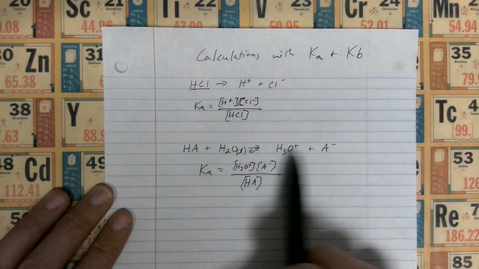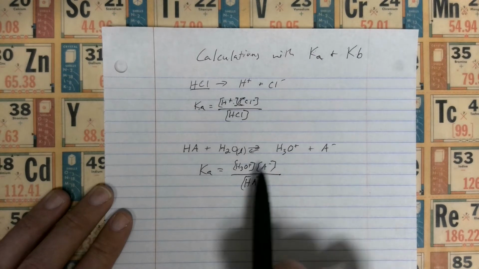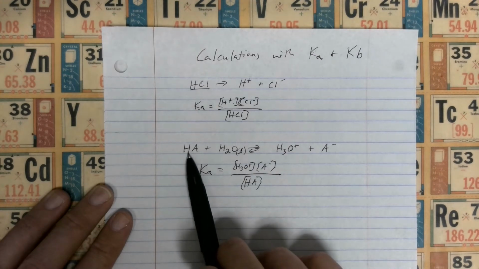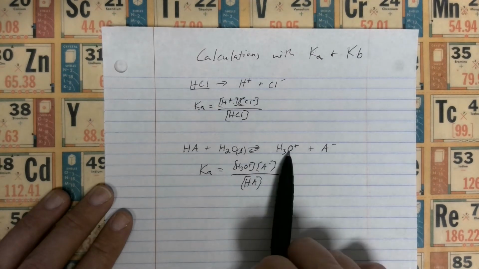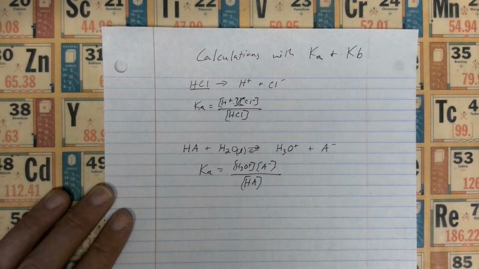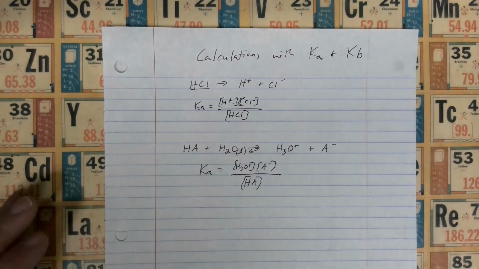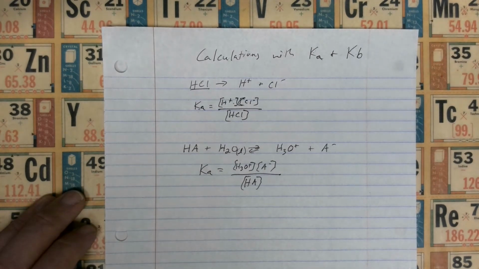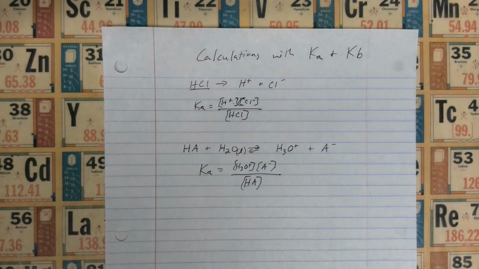And so these products are going to be pretty small, and this is going to be pretty large compared to them. So our Ka should be pretty small. And in fact, that's what we see. You have a table in the folder of the Kas for some common acids.